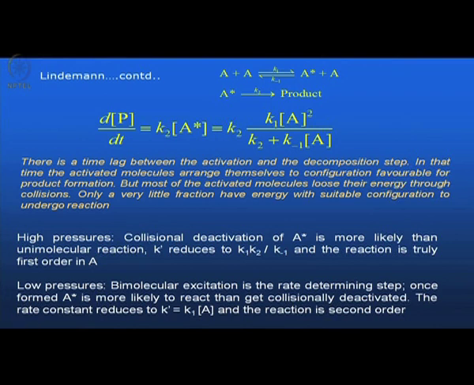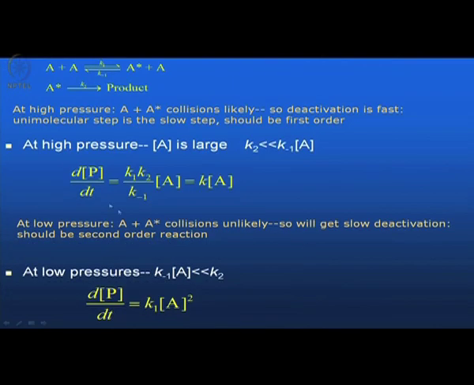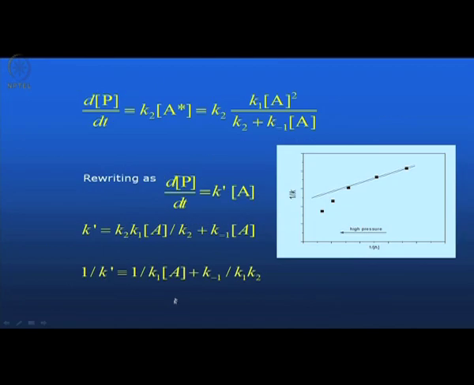Okay. In the high pressure regime, this expression becomes first order with respect to concentration of A, and in the low pressure regime it becomes second order with respect to concentration of A. And there is a test that if you plot 1 by K versus 1 by A, then you will get a linear dependence up to a certain concentration or pressure region, but beyond that, if you go to the high pressure region, it deviates substantially from linearity.